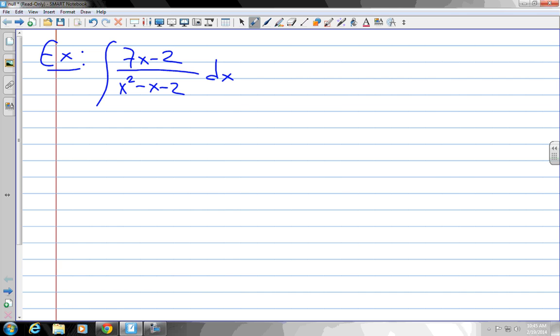So we have some kind of a polynomial in the numerator. We have some kind of a polynomial in the denominator. Another thing we notice is that the denominator is quadratic, and the polynomial in the numerator is linear.